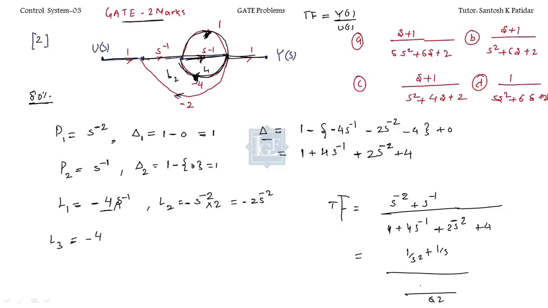Here for s square you can take the LCM. So this is 1 and this is 4, it will be 5, so 5s square, plus this is 4s, plus it will be 2. So finally, when you solve it, it will be s plus 1 divided by 5s square plus 4s plus 2.